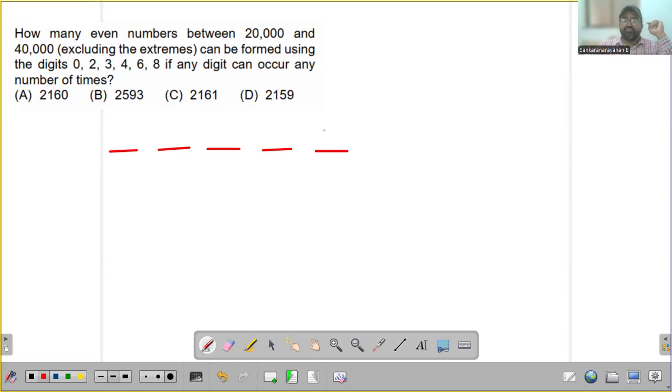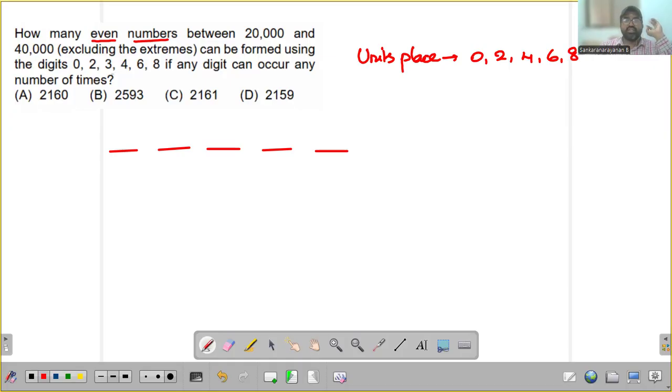Now, we can consider the number of ways you can take care of the units position. They have given the condition that the number so formed should be even. Even means what? The units place, please be aware, should end with 0, 2, 4, 6, 8, with any of these.